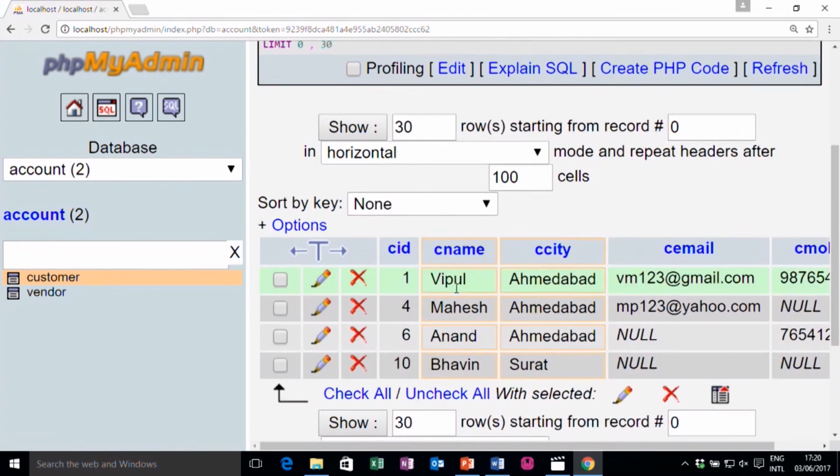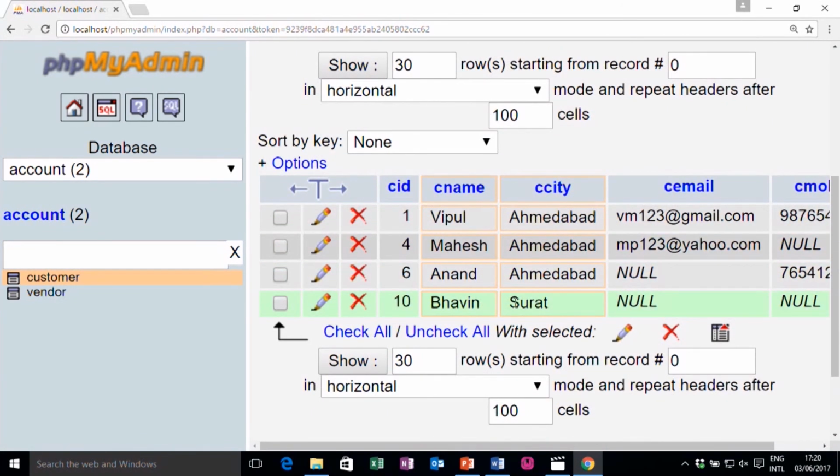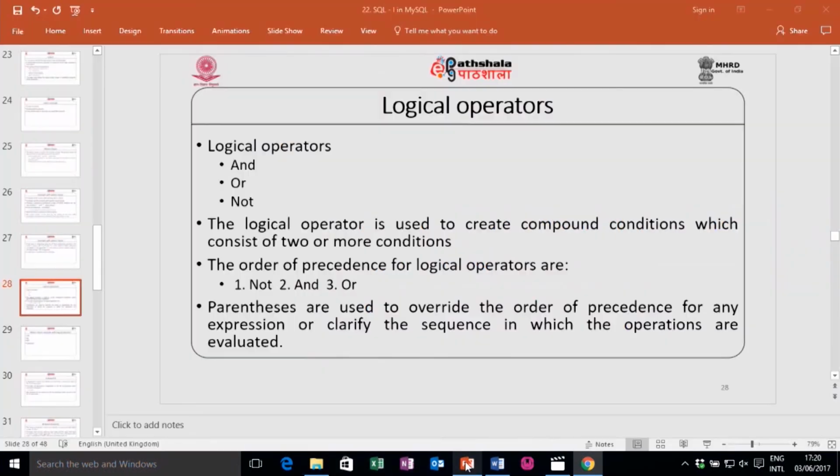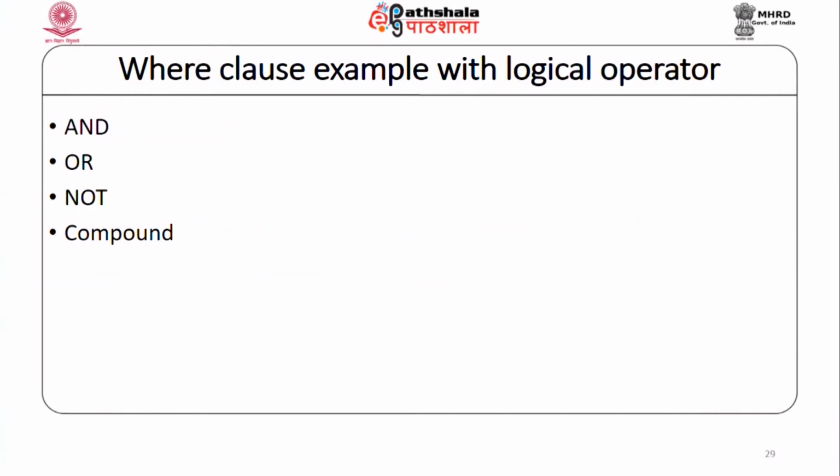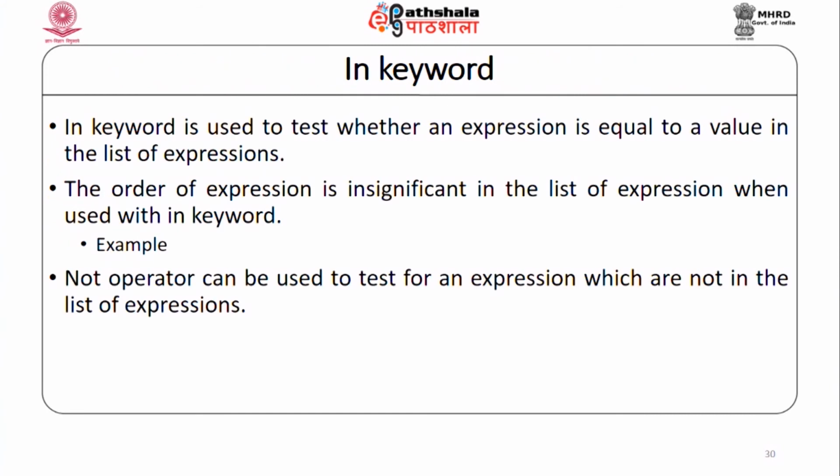So, in my table, though Bhavin lives in Surat, as per my condition it will show me that record. So, these are logical operators. You can use the where clause with AND, OR, NOT.